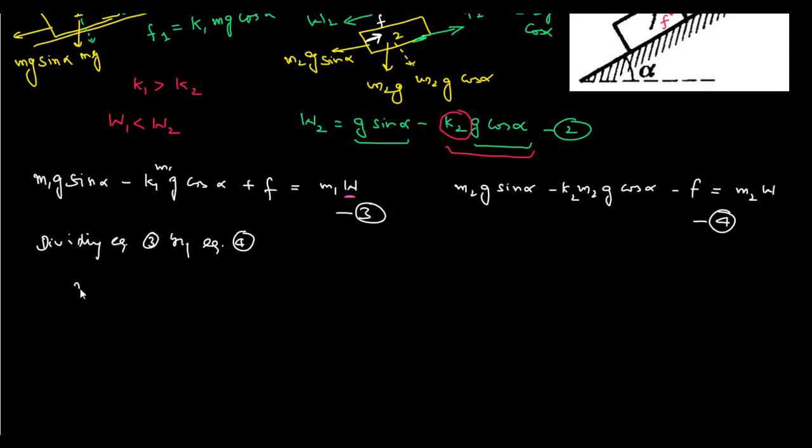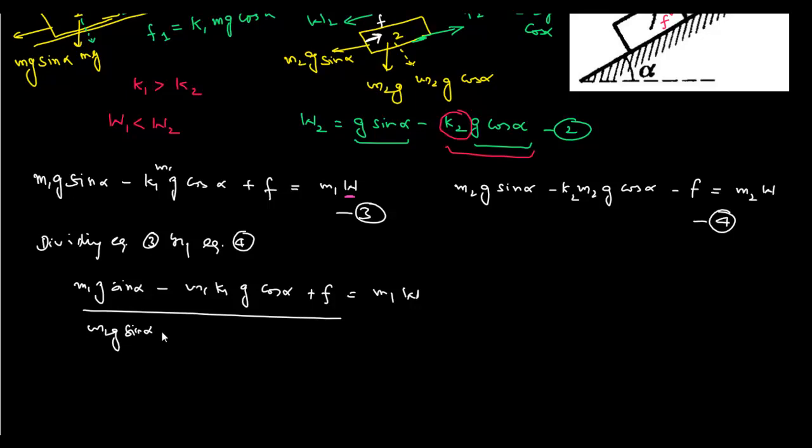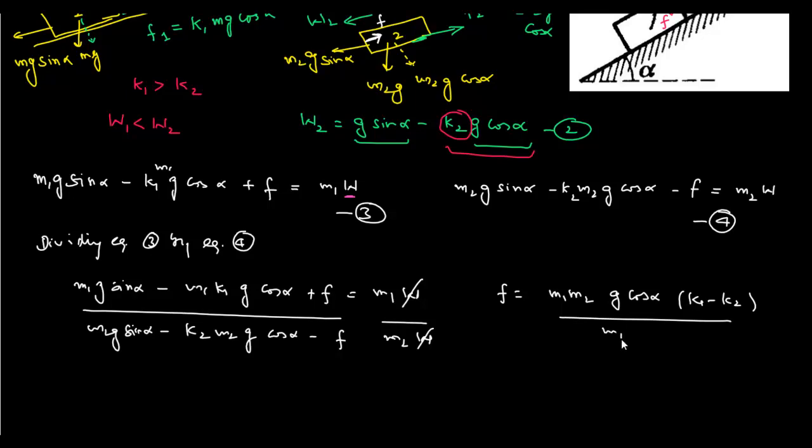So we can write m1g sin alpha minus m1 k1 g cos alpha plus F, equal to m1 W, divided by m2g sin alpha minus k2 m2g cos alpha minus F, which is m2 W. So W gets cancelled, and if we cross multiply and solve this equation, we finally get F equal to m1 m2 g cos alpha into k1 minus k2, divided by m1 plus m2.